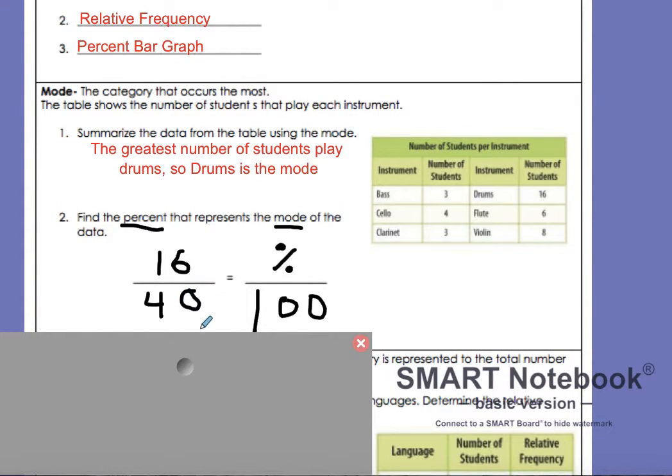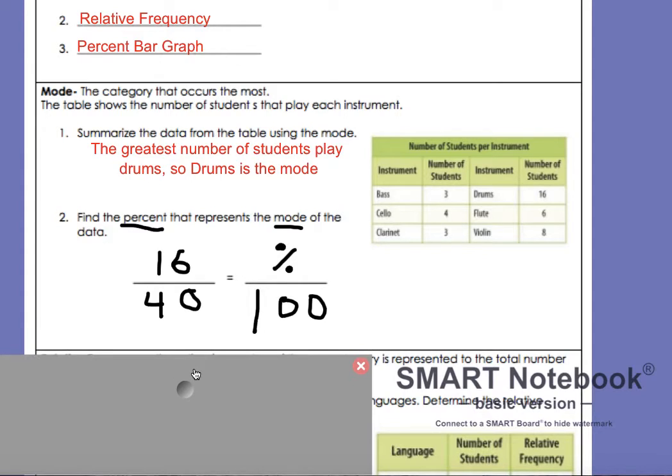If you notice, I can't easily go from 40 to 100 or from 40 to 60. So I'm going to simplify this fraction by 2 to get 8 over 20.